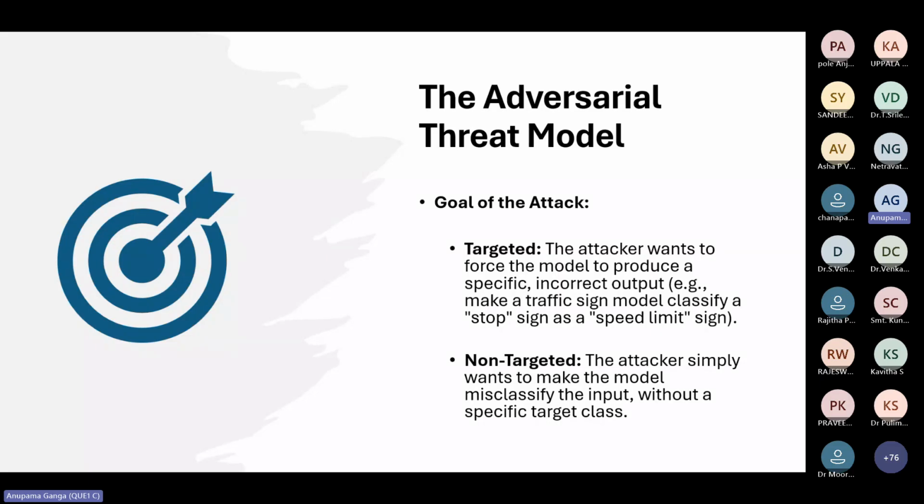Basically, they're not looking to put something specific on the output side. They just want the cat to be misclassified, but not as a specific thing. If they want the cat to be classified specifically as a dog, then it becomes a targeted attack, like our stop sign as a speed limit sign.